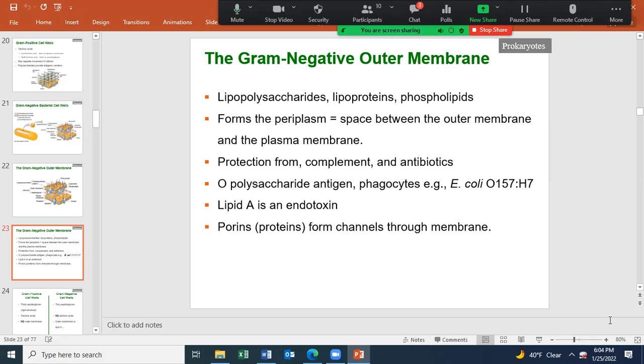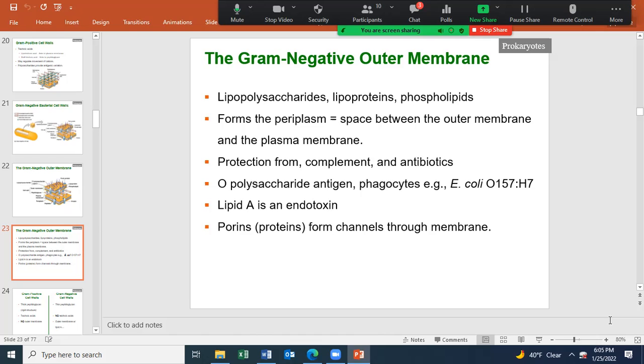The gram-negative outer membrane does give the cell protection from lysis, like if the cell falls into a beaker of water. So it does protect the cell as the cell wall does. But the outer membrane of the cell wall can also protect the cell from complement proteins and from antibiotics.